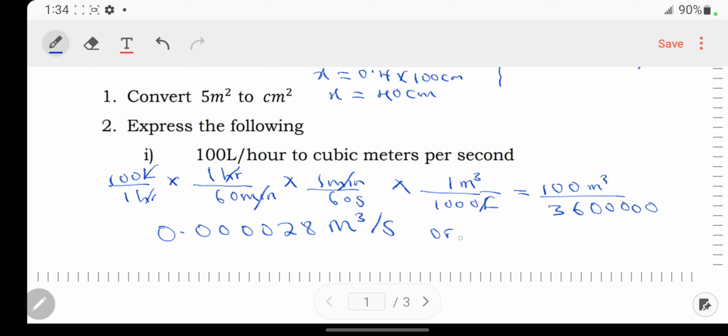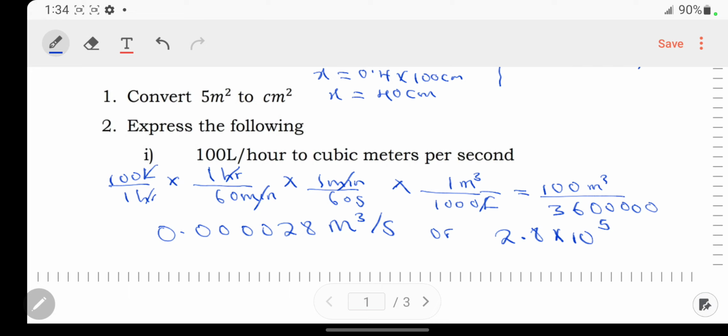Or if we want it in this notation, we can say this is equivalent to 2.8 by 10 raised to the power negative 5. So this is how we use the chain link conversion.